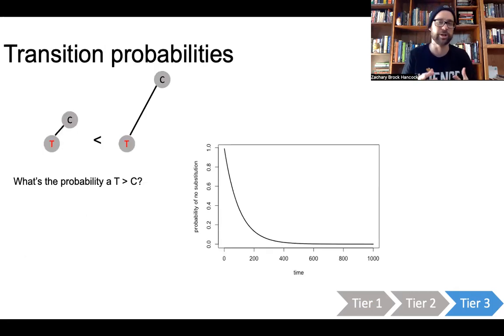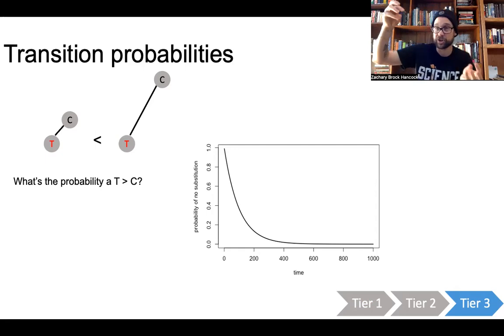Okay, so the next thing that we want to do is estimate what we call transition probabilities. If we have some tip data that is, for example, a C, and we want to know how likely it is that the ancestor was a T, there's a couple of things that determine this likelihood. Simplistically, the more time there has been between the tip and the node, the greater the chance that that ancestral node was some sequence different than the tip.